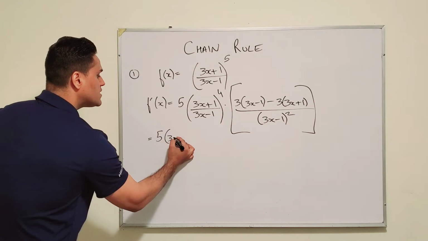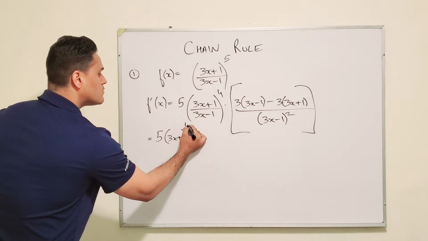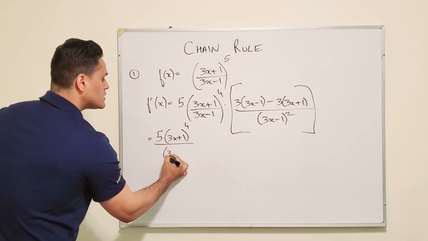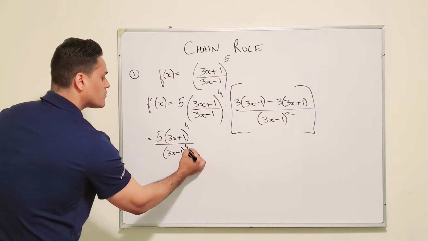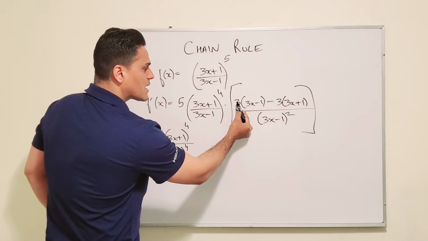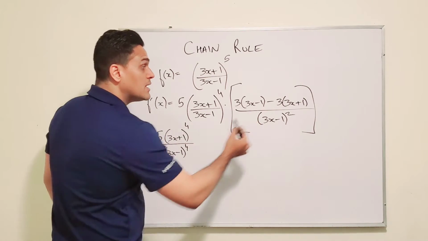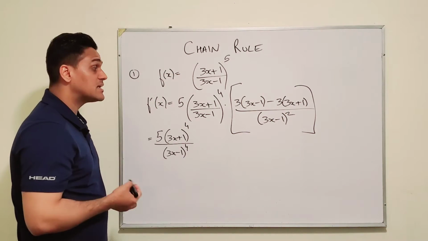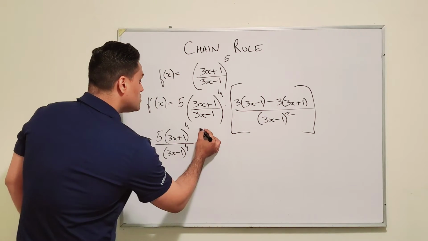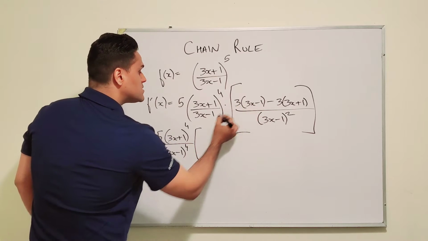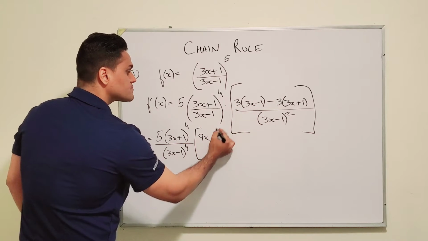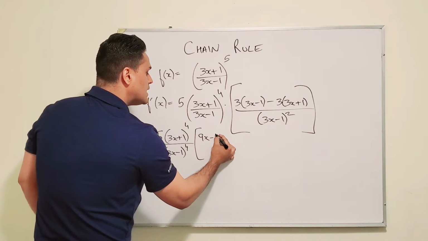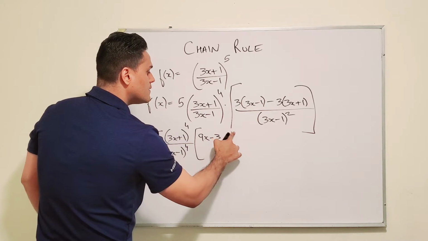So we got 5 times 3x plus 1 raised to the power 4 over 3x minus 1 raised to the power 4. And now this would just become 3 times 3x is 9x. And we see over there we're going to get minus 9x. So 9x minus 9x is going to cancel. To show it to you, I'm going to just FOIL it. 3 times 3x is 9x. 3 times minus 1 is minus 3.